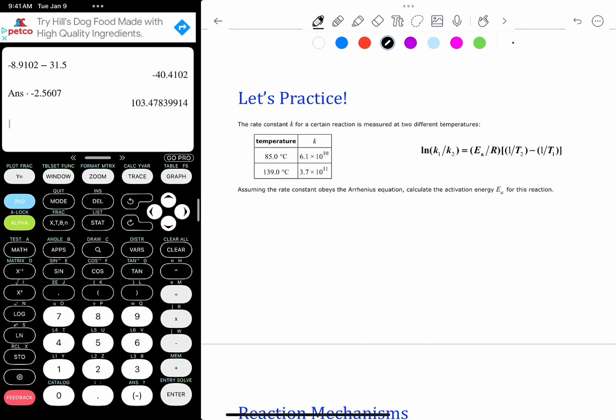The rate constant K for a certain reaction is measured at two different temperatures. So we have K right here and the two different temperatures right here. Assuming the rate constant obeys the Arrhenius equation, calculate the activation energy for this reaction.